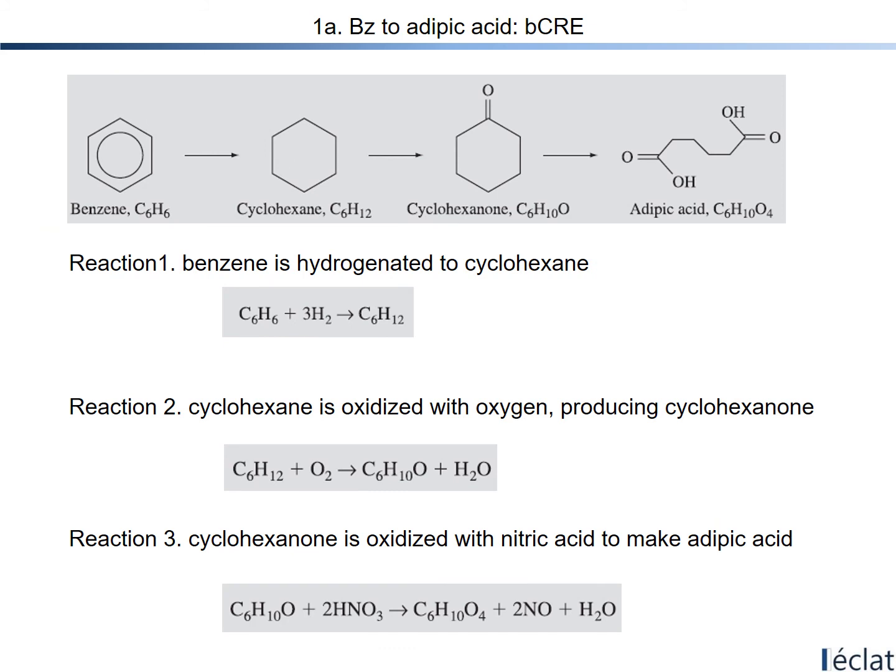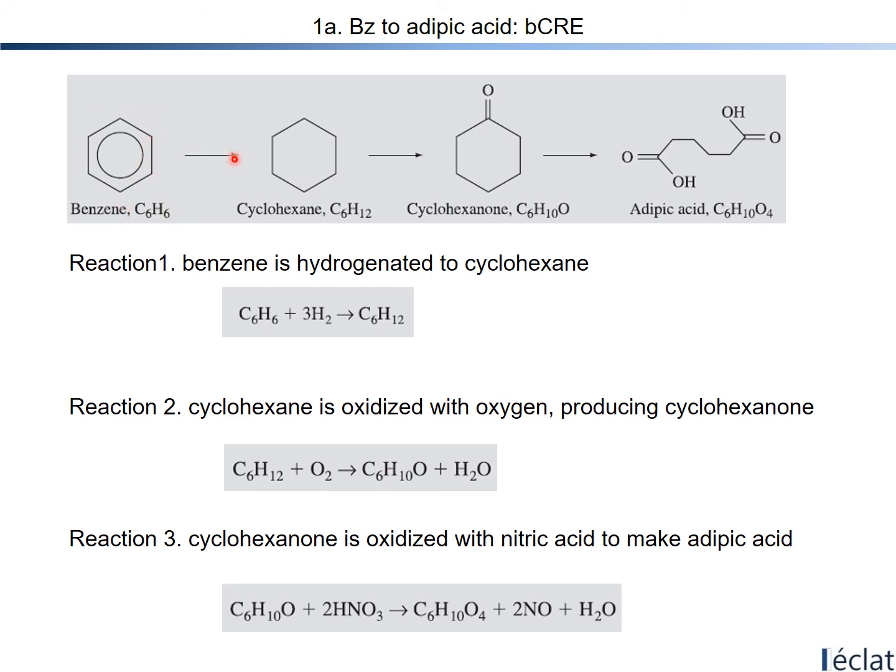Okay, let me start with the conversion of benzene to adipic acid. The adipic acid is my first choice, and then we are going to the catechol production. Then we'll compare those two things.